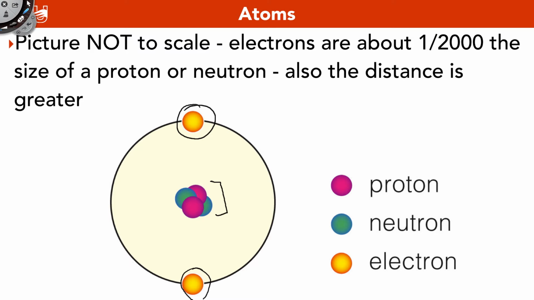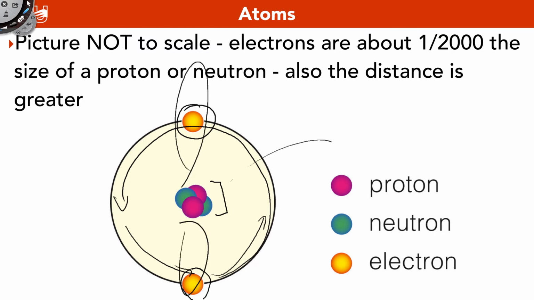Okay, so again, we're going to do this type of diagram many times in the semester, but don't take this as an exact model of how it is. Also, do you see how the electron's path, this orbital, is in a circular motion? Well, sometimes, you can do shapes like this and like this. There's many different types of shapes. All right. So we'll talk more about that later on.